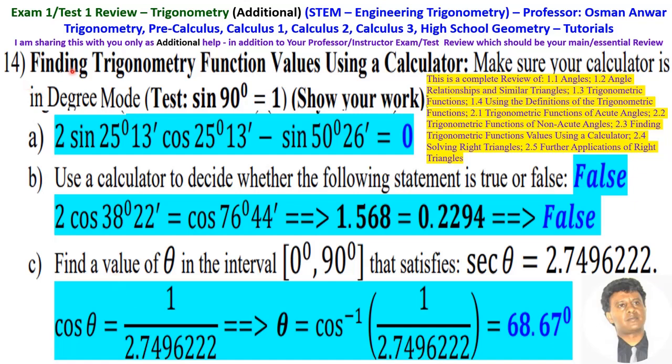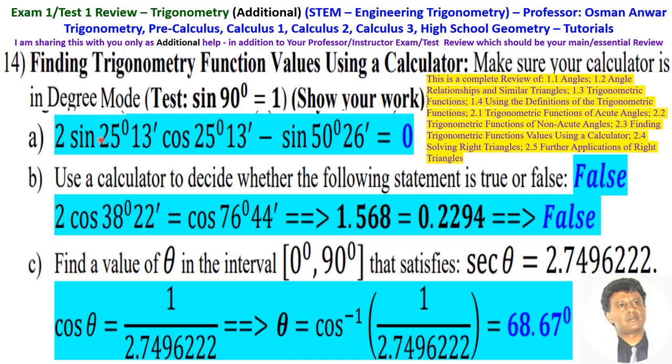Number 14 is find trigonometric function values using a calculator. So 2 sine 25 degrees 13 minutes, cosine 25 degrees 13 minutes, minus sine 50 degrees 26 minutes. So put this in the calculator and it will turn out to be 0.